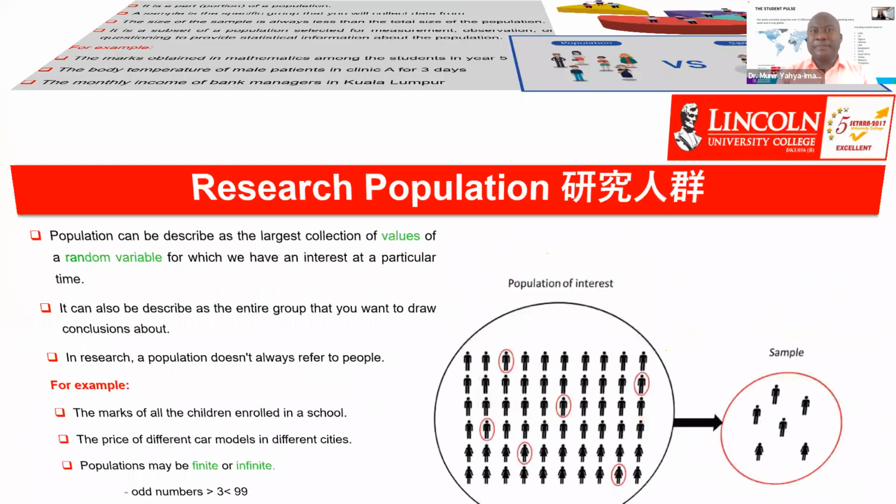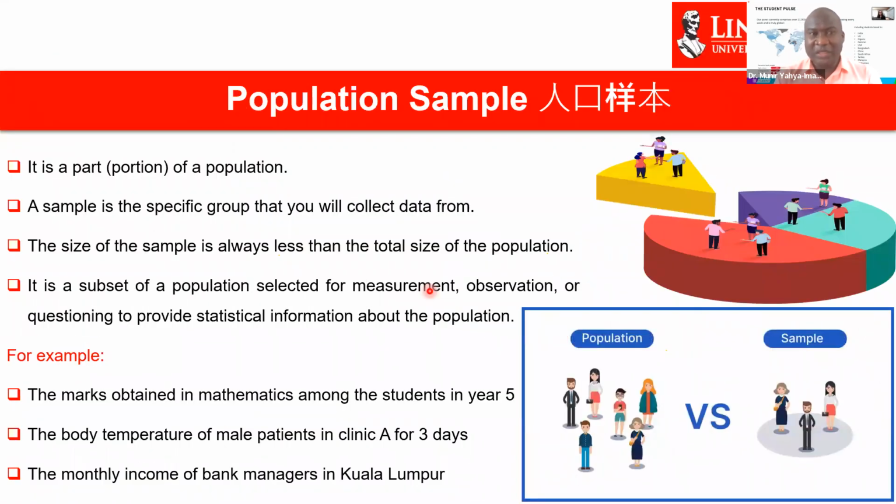Now, population sample. Population sample is a part, or you can say a portion, of a population. Like I said, you want to carry out a research that has to do with all the citizens of Malaysia. We don't expect you to start administering your questionnaire to each and everybody you meet on the street of Malaysia, because some people may not be accessible.